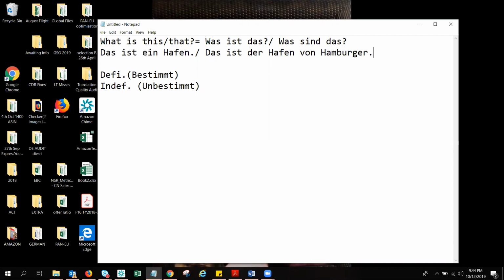As in English, if somebody asks what is this, I'll say this is a port, or I can say this is the port of Hamburg. If I'm specifying the thing, giving some information about it, that would be definite, so I'll use the definite article. Related to this, we will practice a few more things.